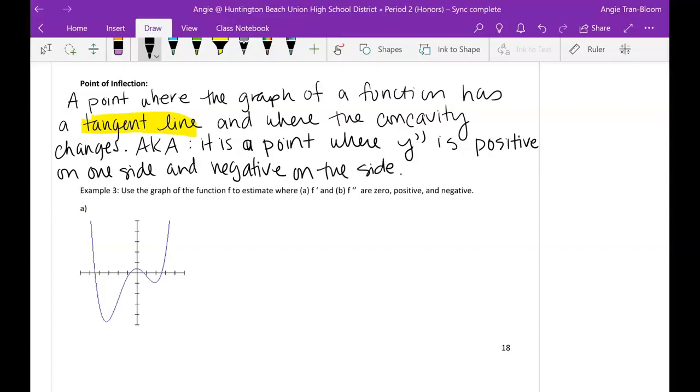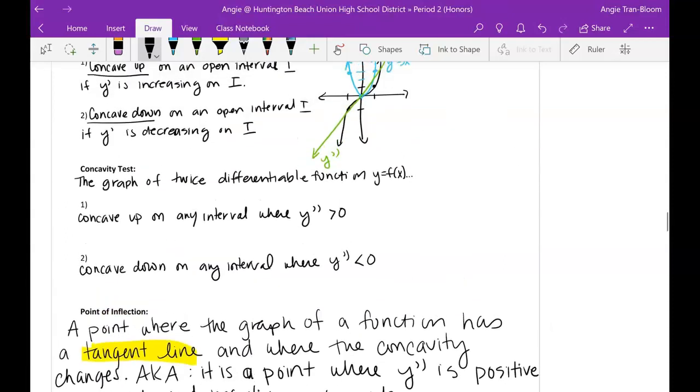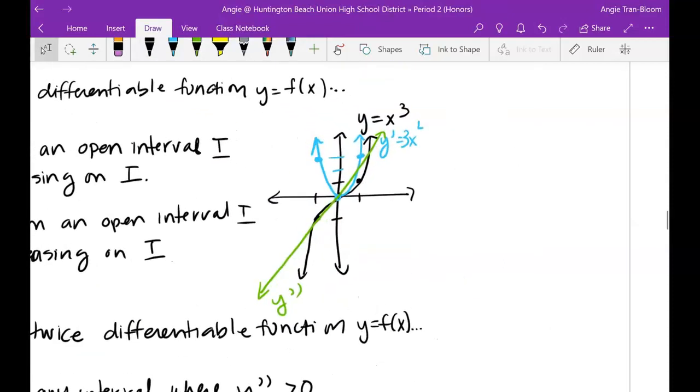So let's look back at the graph that we sketched out above, okay? So here's what I gave you. The black curve is the function. Then you have the derivative, which is the blue one. Then you have the second derivative, which is the green one.